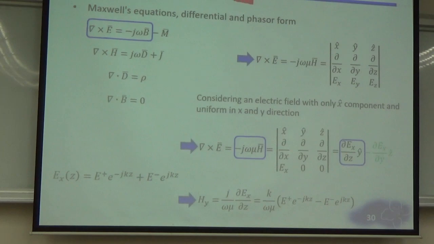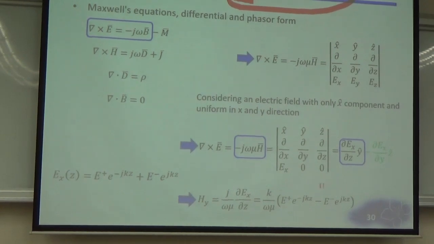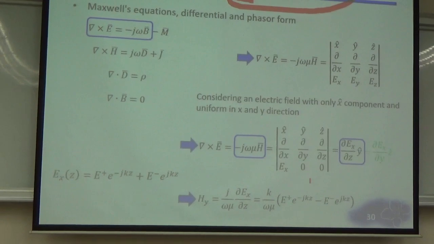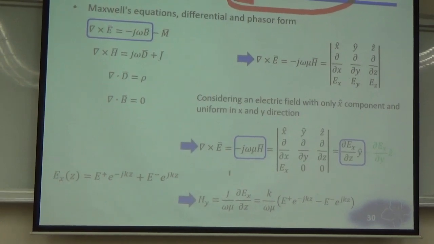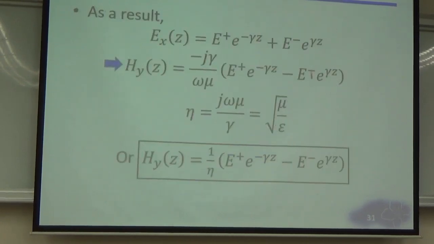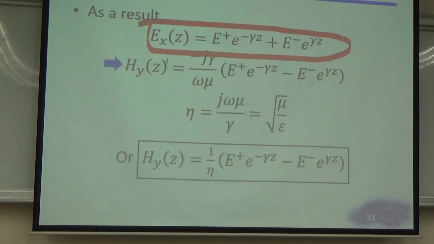For the lossless case, remember how we derived eta, the wave impedance between E and H. This is where we derived it. And you apply the same thing here, and you will obtain your lossy ratio between E and H, which is the wave impedance.